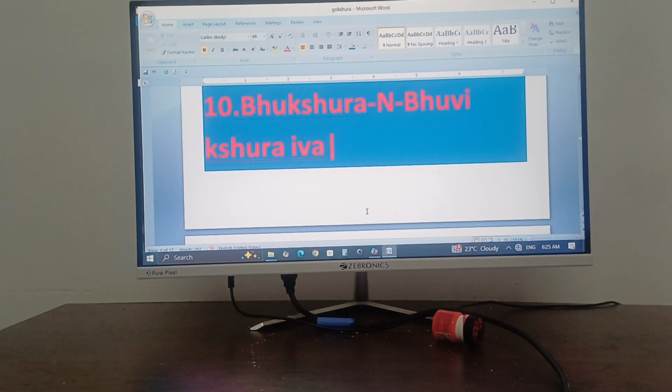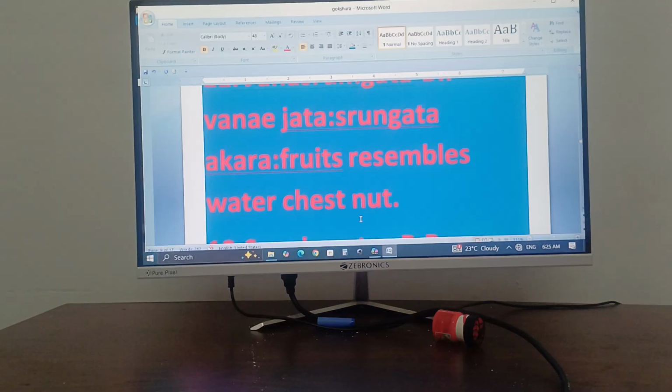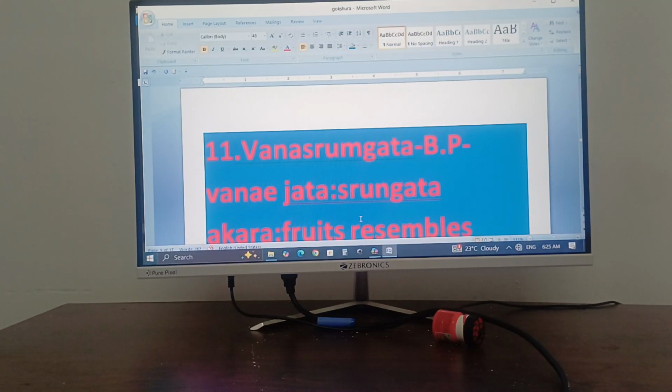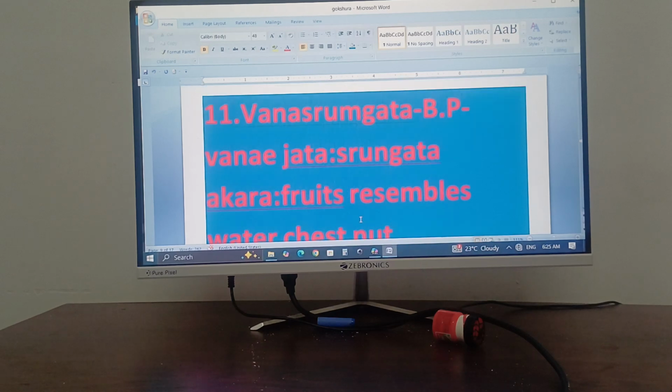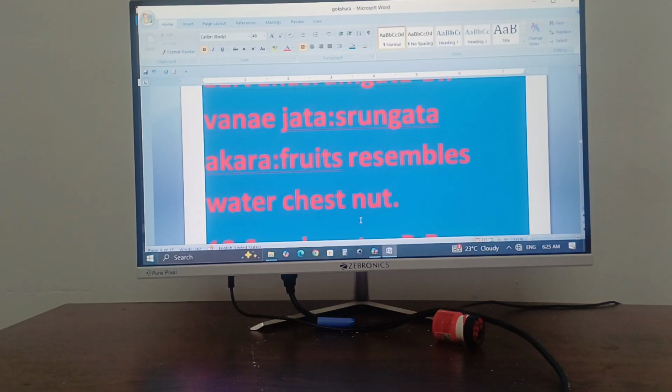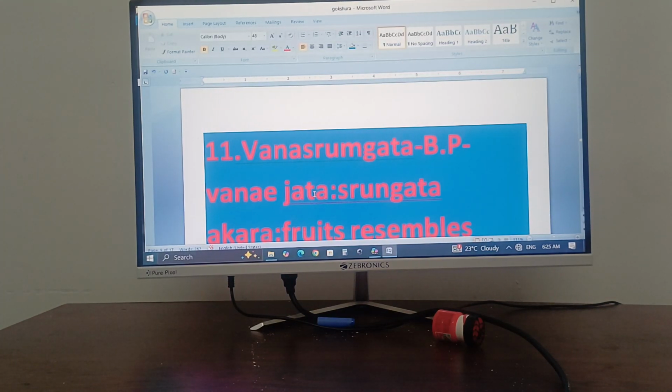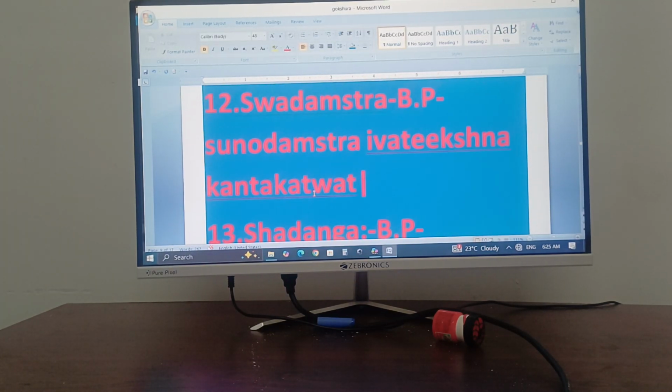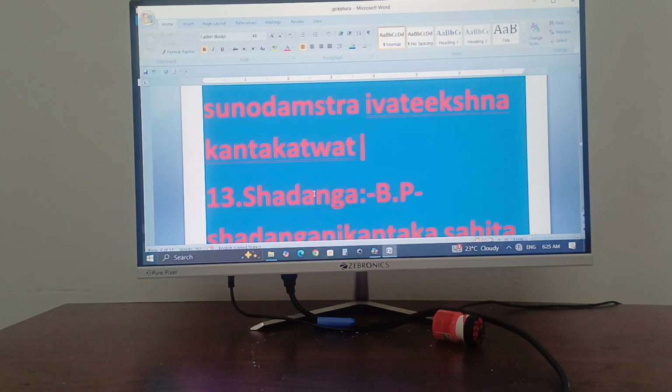Gokshura creeps on the ground, having thorns. Vanasranga. What is Vanasranga? Vane jatam srangataka akaraha. Fruits resemble the water chestnut. The fruit overall in shape resembles the water chestnut. That is why it is given Vanasrangata. Swadamshtra, having thorns. Then Shadanga.